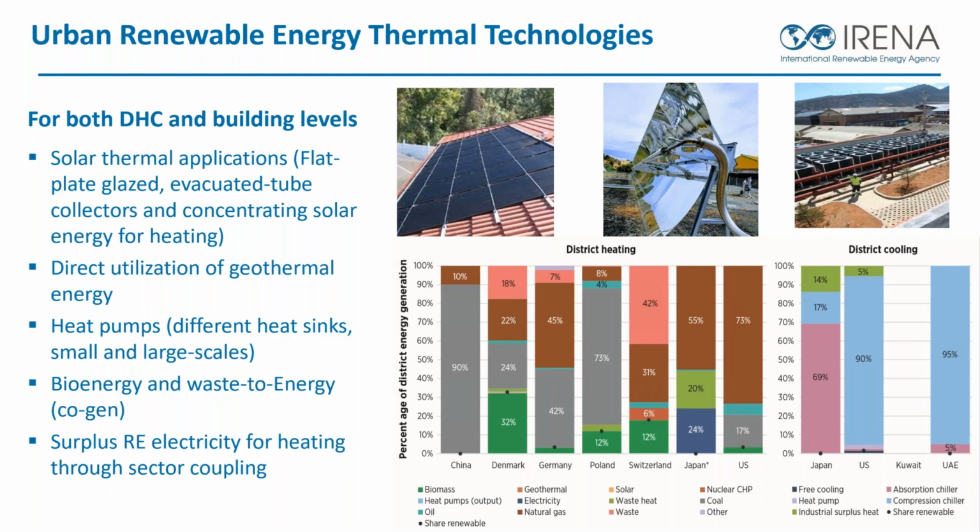First, I think the solar thermal applications, which are very common in cities, starting from individual solar water heaters, and gradually you can see them at the building complex level.